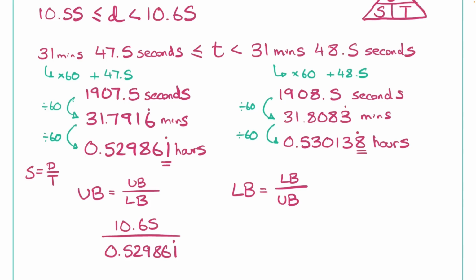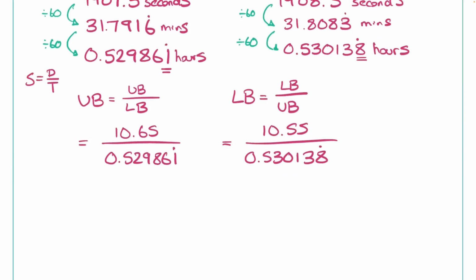0.529861 with a recurring 1. And for the lower bound, I want the lower bound of the distance, which is 10.55, and that's over 0.530138. Okay, so I just need to type those into the calculator.